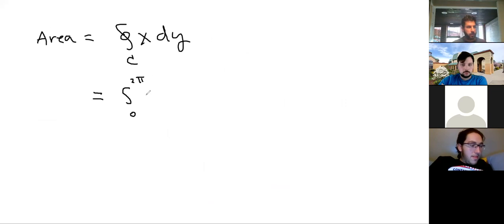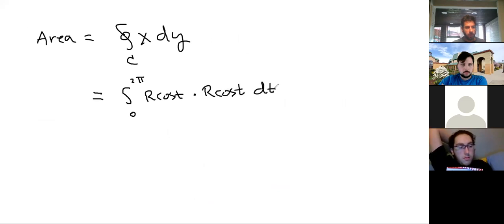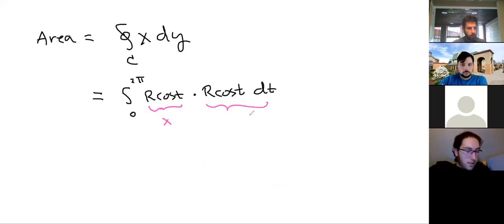What's x? X was r cos t. What's dy? Well, that would be the derivative of the y component, so that would be r cos t dt. So again, this is x, and then this guy is dy.